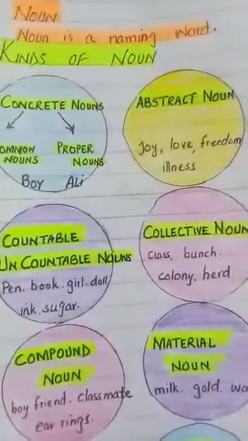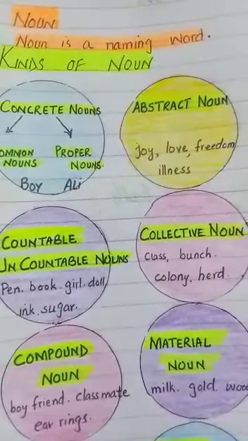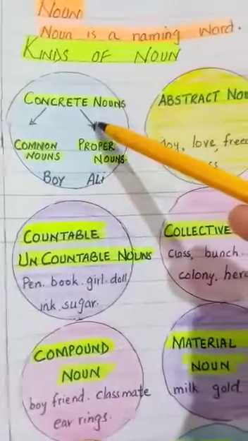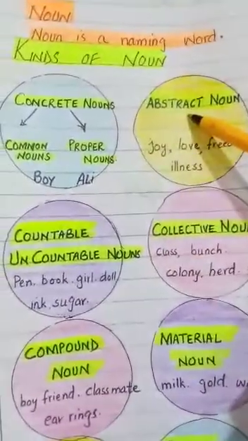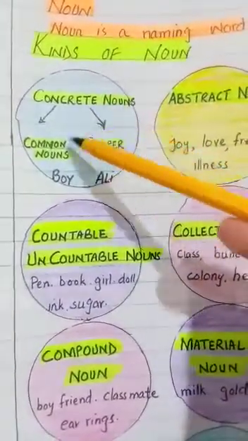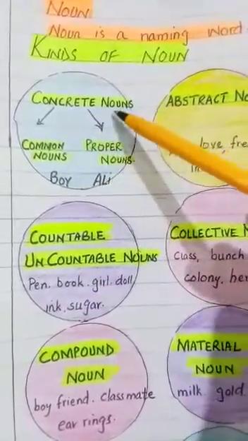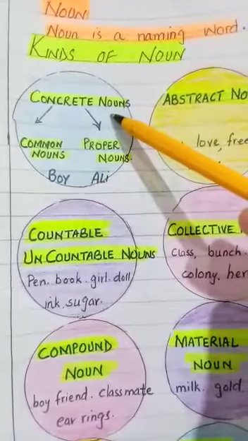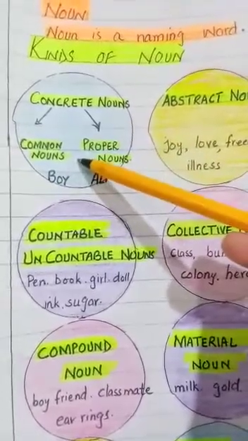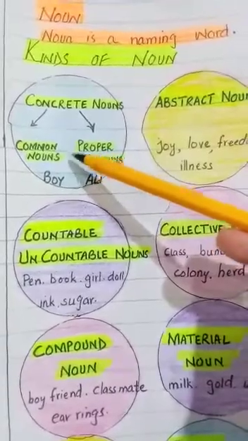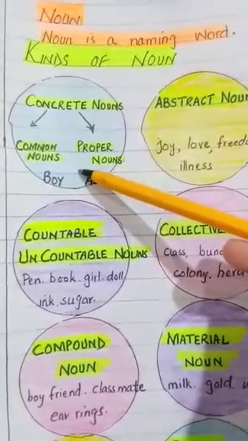So before going into the detail of further categories, first we define the difference between concrete noun and abstract noun. Concrete noun is divided further into common noun and proper noun. Concrete nouns, dear students, are those nouns which we can see and which we can touch.